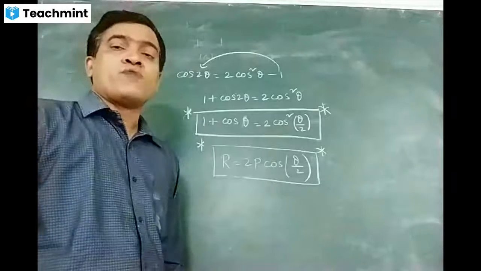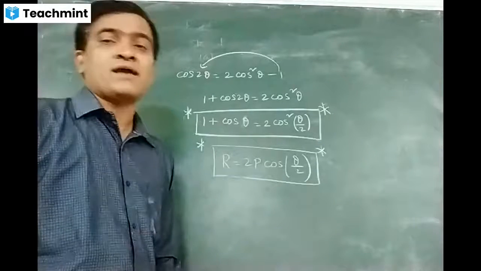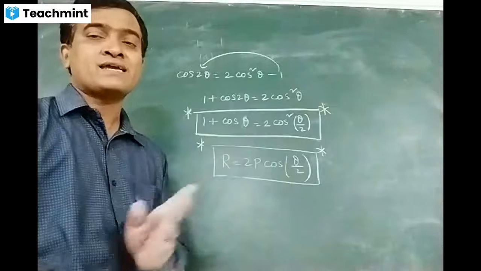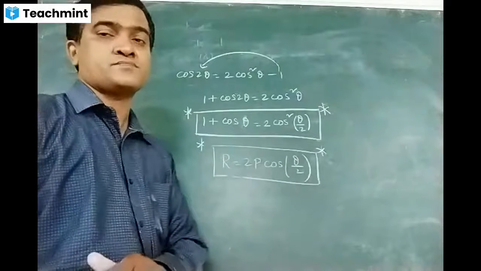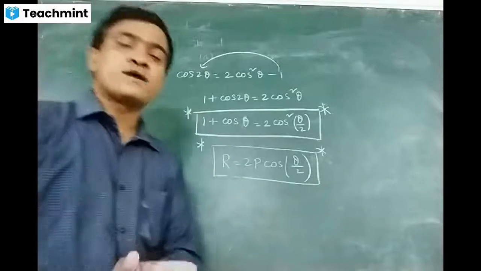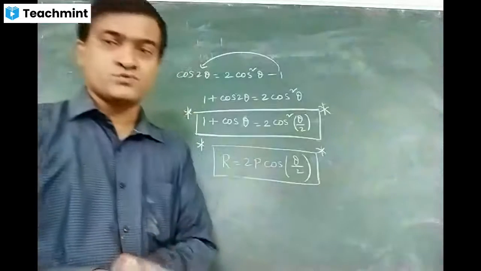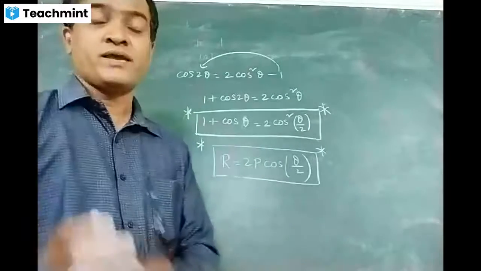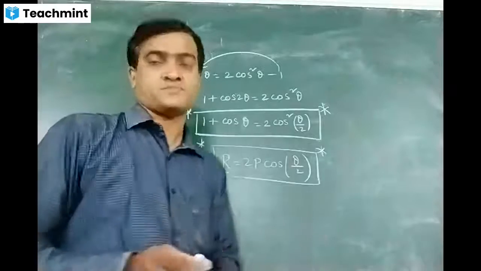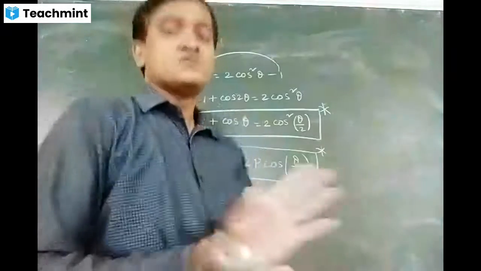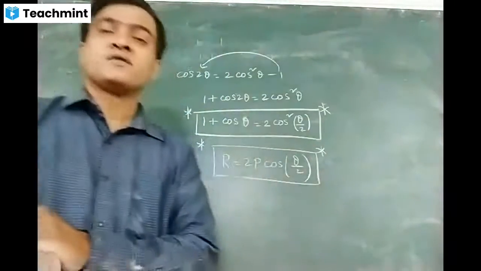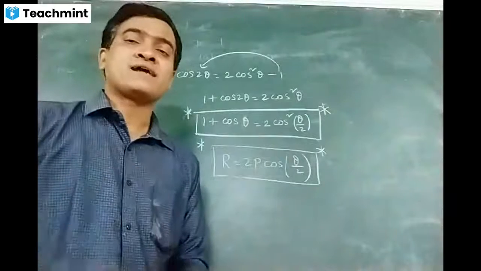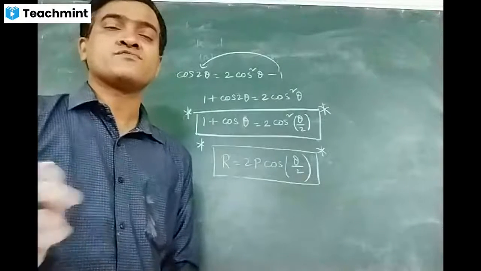Two vectors of same magnitude make an angle 60 degrees with each other. Then find the magnitude of resultant of these two vectors.